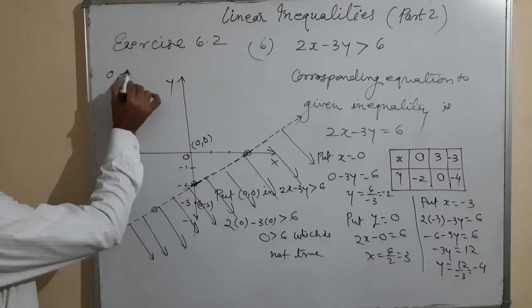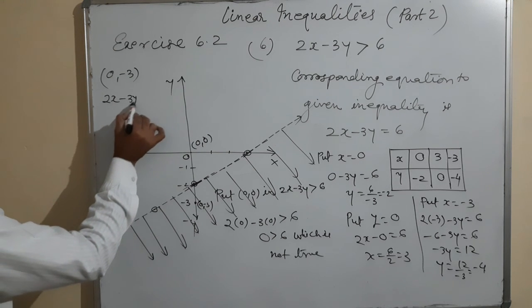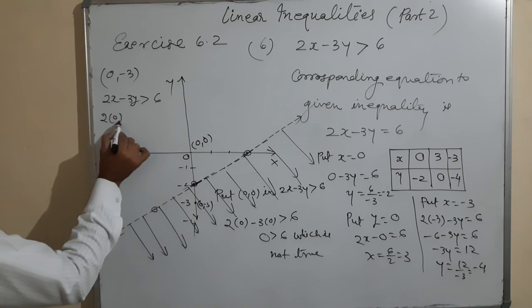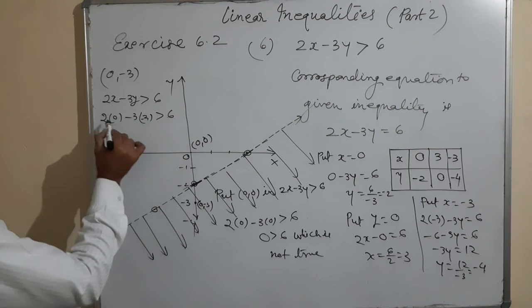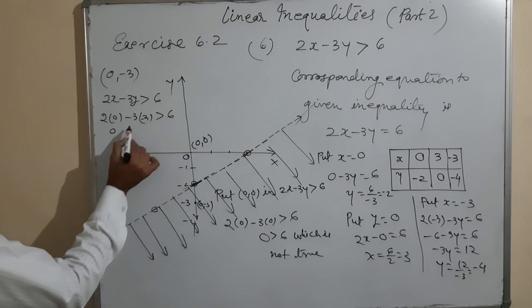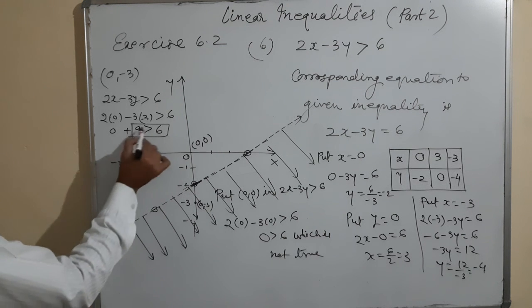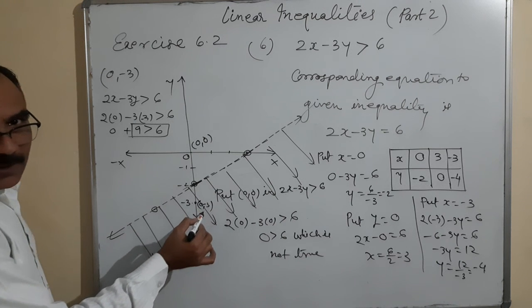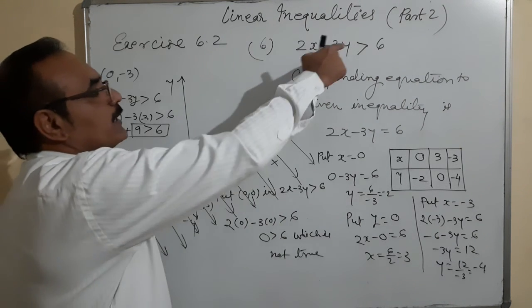So when I put 0, -3 in this inequality, 2x minus 3y is greater than 6, let us see what happens. 2 multiplied by 0 minus 3 times -3 is greater than 6. So 0 minus minus is plus 9, and 9 is greater than 6. What does it mean? Which is true. So this portion, 0, -3, is satisfied to that condition.